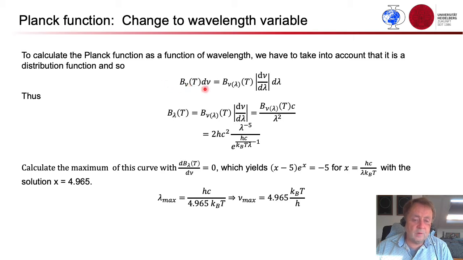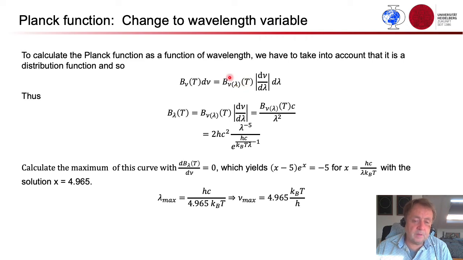We consider a frequency bin, d nu, times the amount of radiation which is in that bin, B nu at temperature T. And that is now written as the Planck function, where we simply substitute nu as a function of lambda.